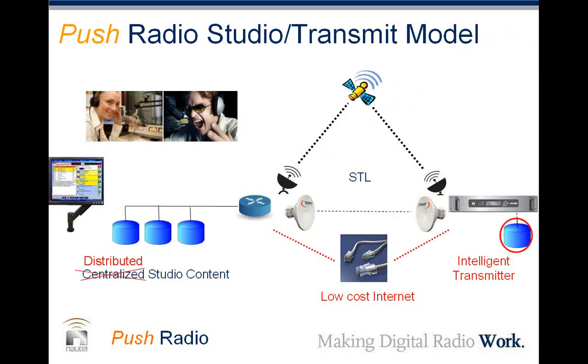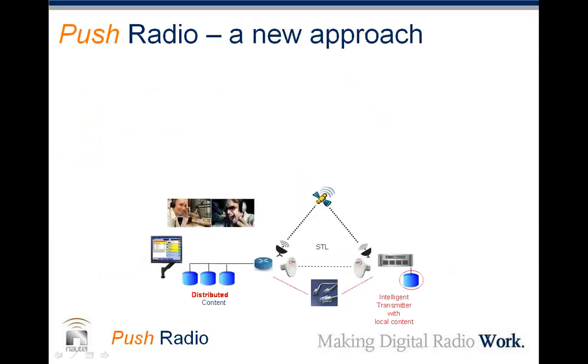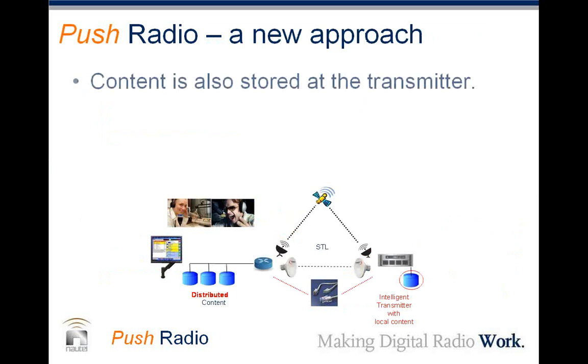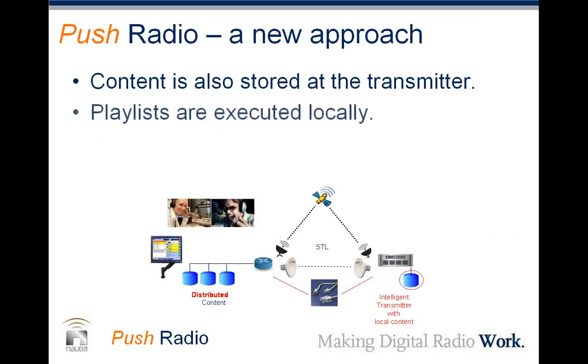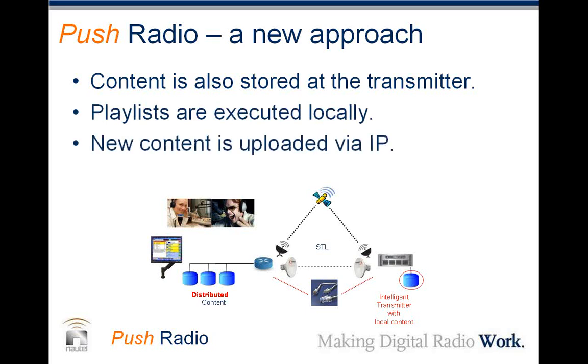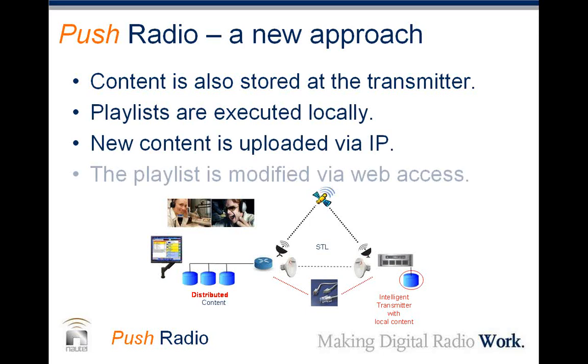Now, when we've done that, and we have the capability of executing playlists over here, potentially we have the ability to store the content at the transmitter. We have the potential for executing the playlist locally. The new content, the changed content, is uploaded via IP. So the playlist is able to be modified via web access.